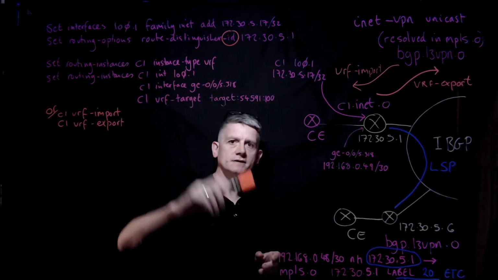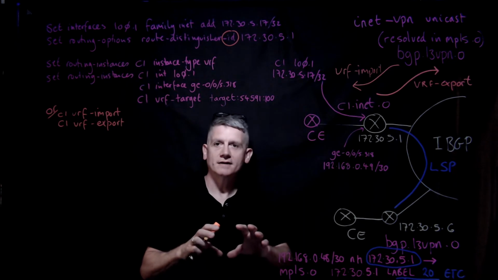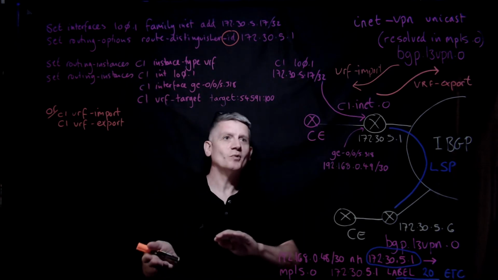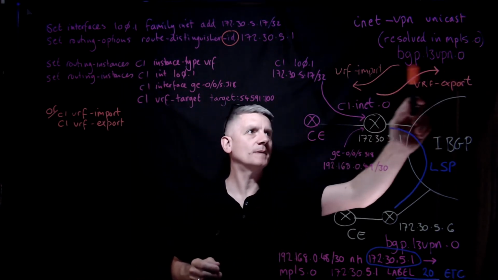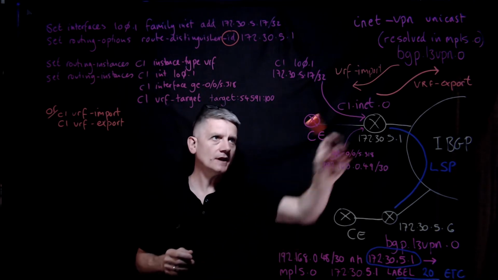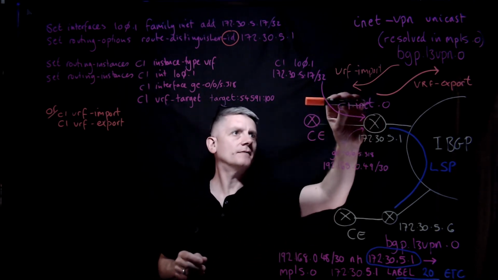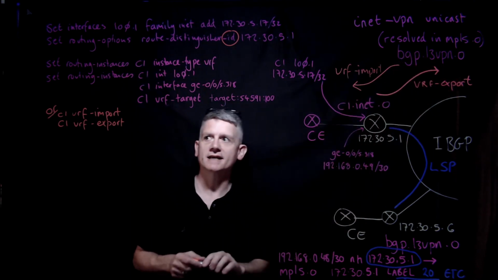So what's the route target? Well, the route target is another community that decides what goes into and out of this global BGP L3VPN table. Here we can see in orange one way to do it. We are going to VRF import and VRF export in and out of that table.